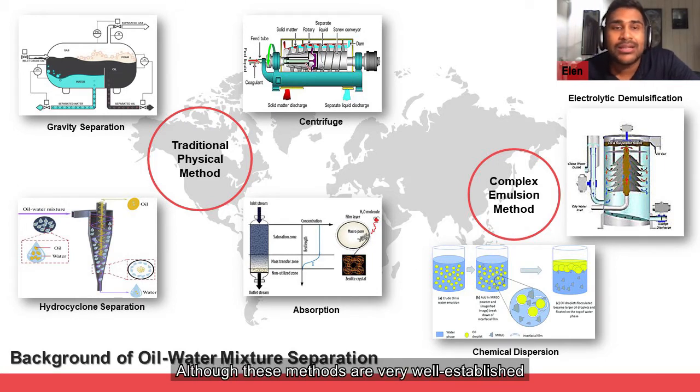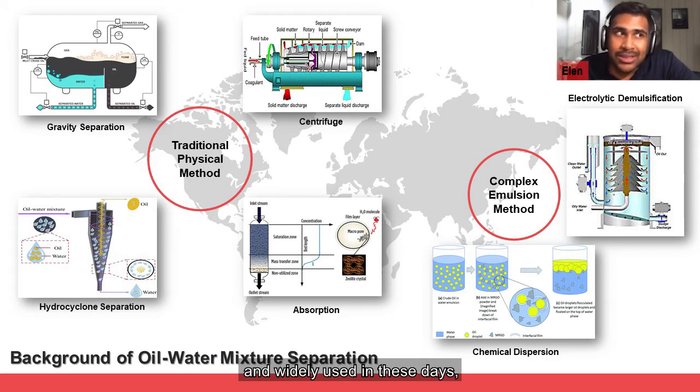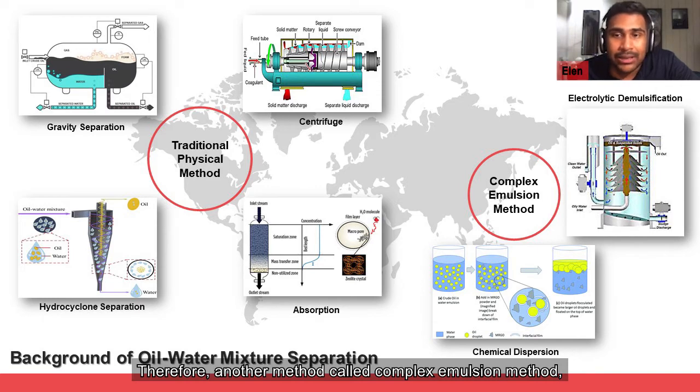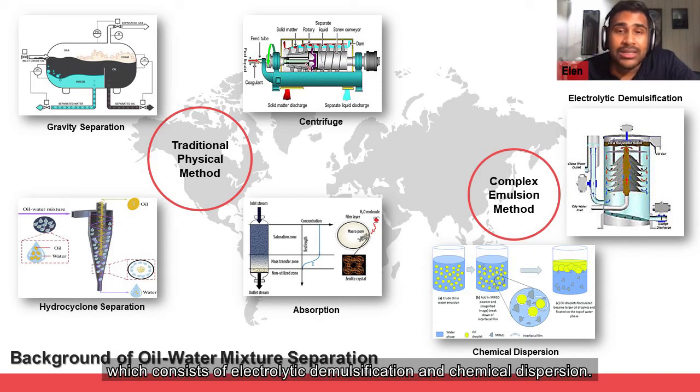Although these methods are very well established and widely used these days, they are also considered time consuming and energy intensive. Therefore, there is another method called complex emulsion method, which consists of electrolytic demulsification and chemical dispersion.